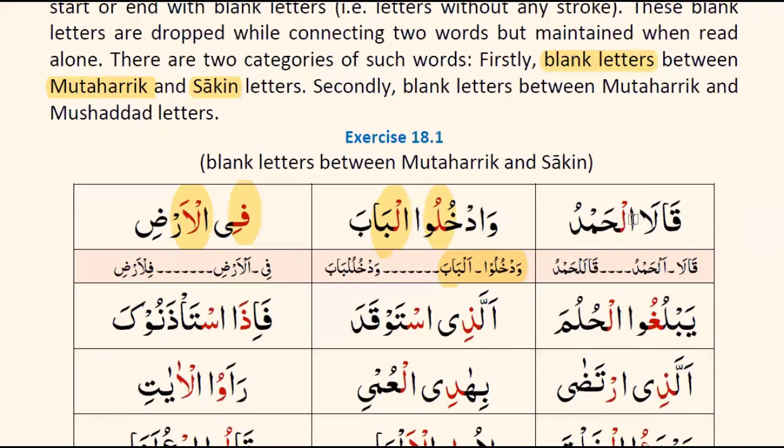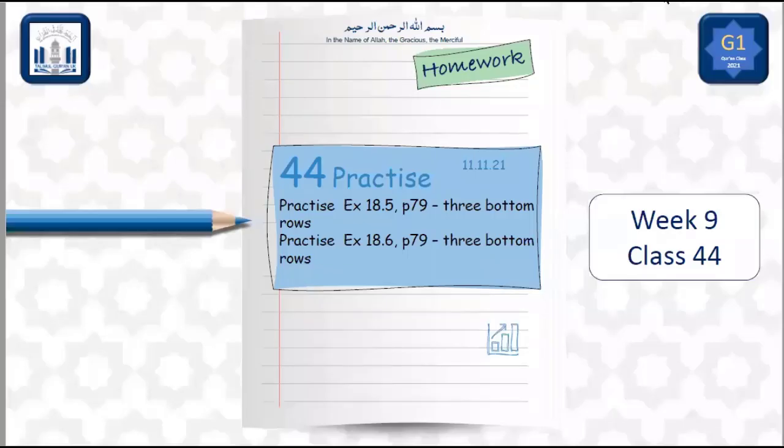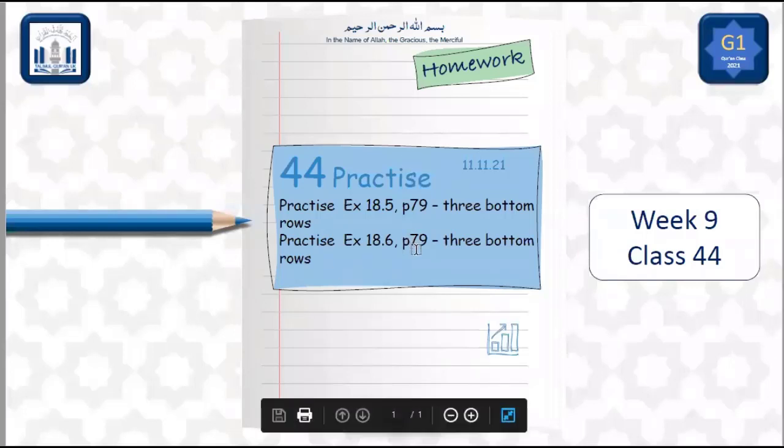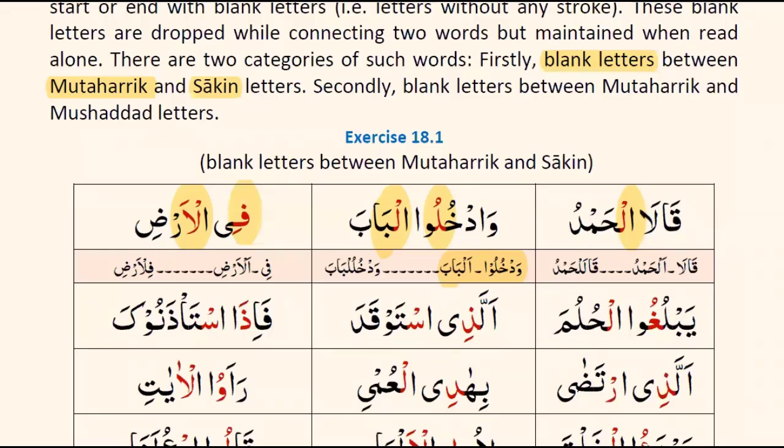The blank letters should not be pronounced and they should be skipped during recitation. So I want all the students to revise this rule again at home and practice exercises 18.5 and 18.6 on page 79. Practice this rule and inshallah, we will all get the hang of it.